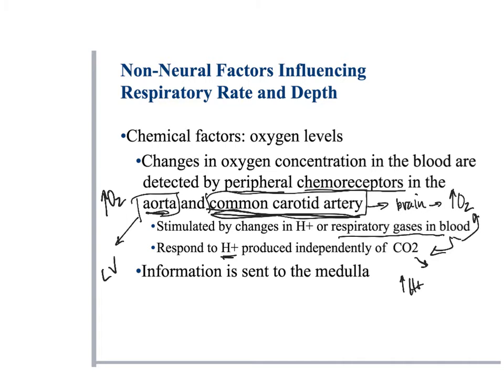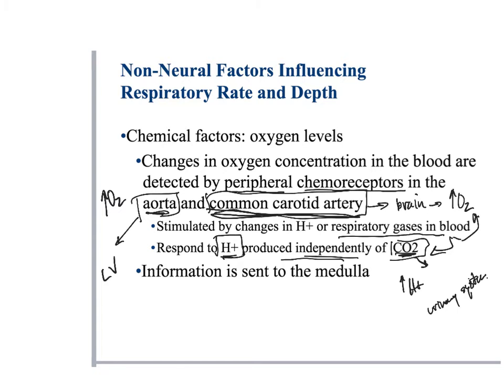But these peripheral chemoreceptors are actually responding to hydrogen ions produced outside of the CO2, so it's really not related to that. There are other sources, such as urinary system issues and cardiovascular issues, that lead to an increase in hydrogen ions.